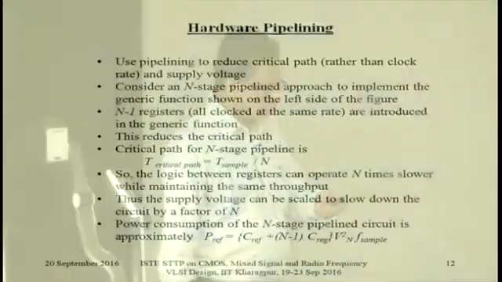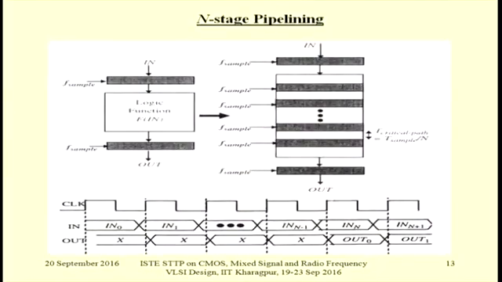Okay. So in that way, we can split this into, say, an n-stage pipeline. The overhead is that we have to bring in different pipeline registers, n-1 registers, n-1 stages will be there, okay? And as before, the throughput can be maintained, but with lower voltage.